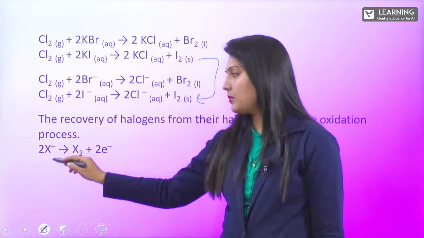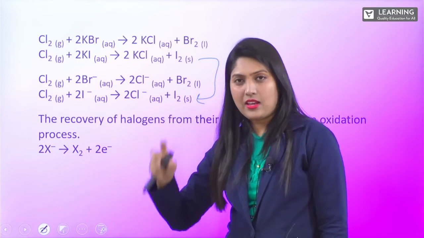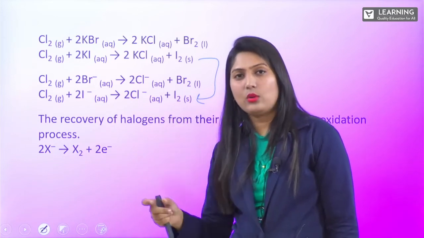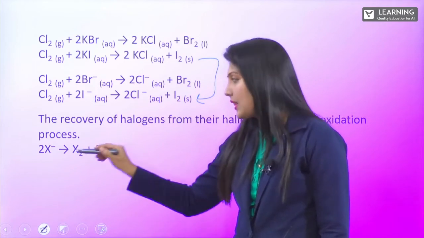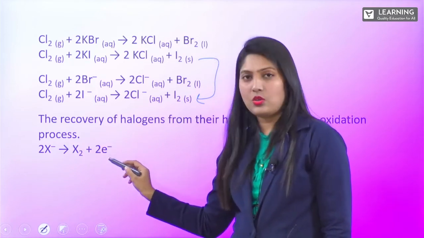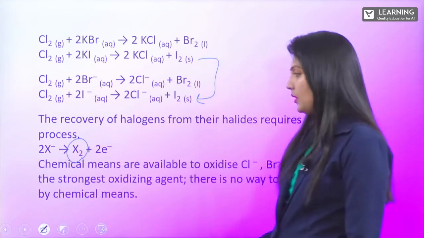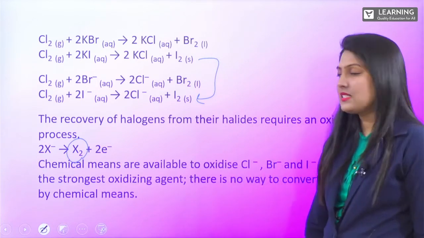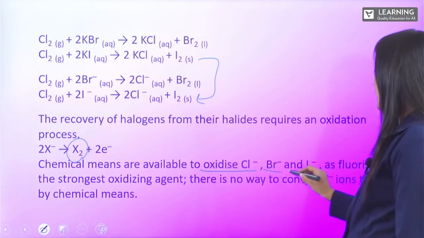Now you can generalize this. When X minus is an ion, a halogen with a negative charge, with one electron extra in it, it can lose its electron and form the element. And chemical means are available to oxidize chlorine, bromine, iodine.